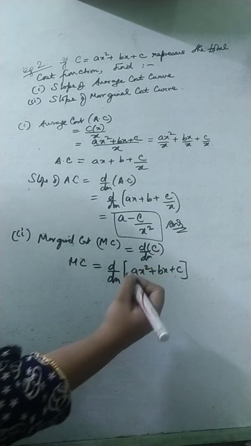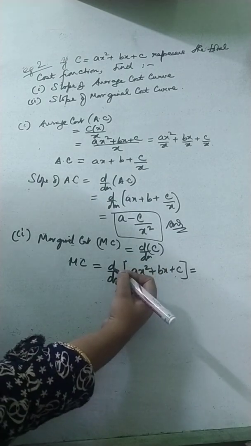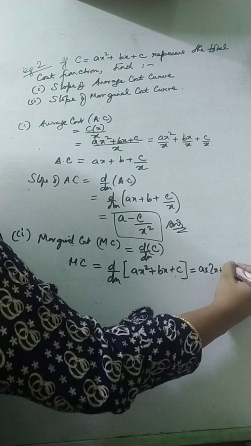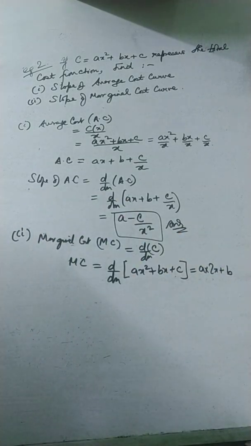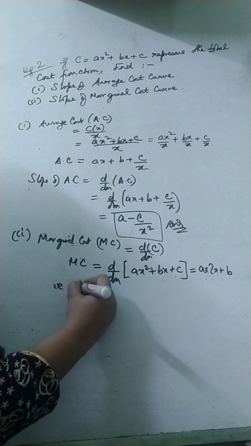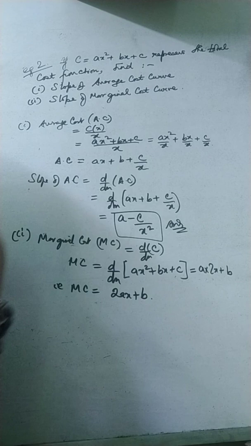So, can I write that? Yes, a is constant, d/dx of x squared is 2x, and b is constant, d/dx of x is 1, d/dx of c will be 0. In other words, we have MC as 2ax plus b.